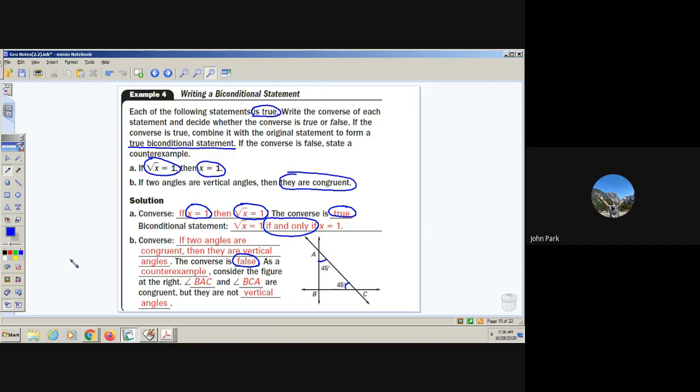That's how you determine if the biconditional statement is true or false: the original statement and the converse both have to be true in order for you to write a true biconditional statement, having that magic phrase, if and only if.